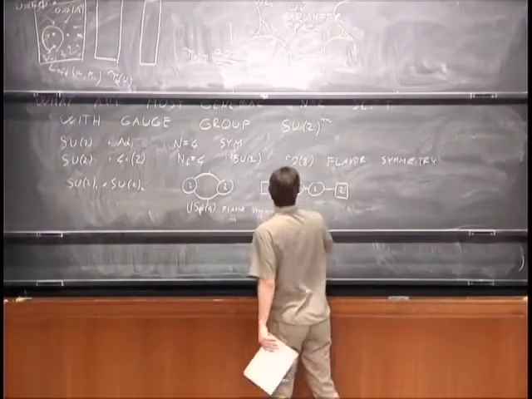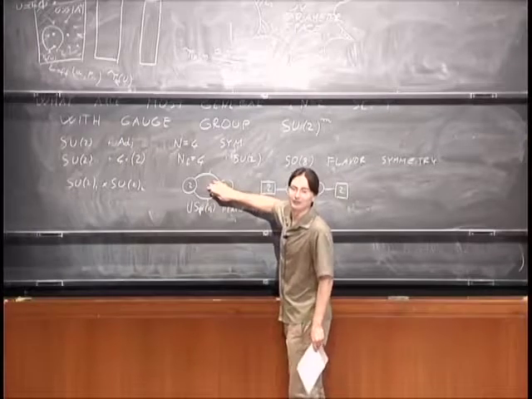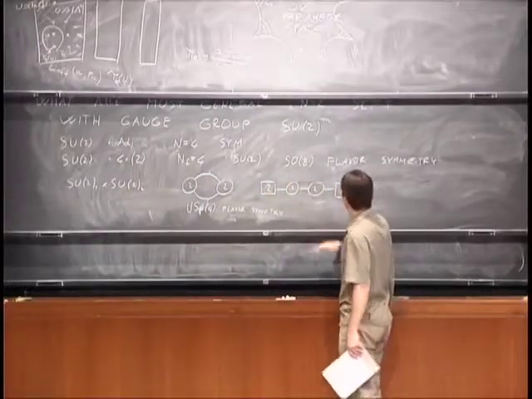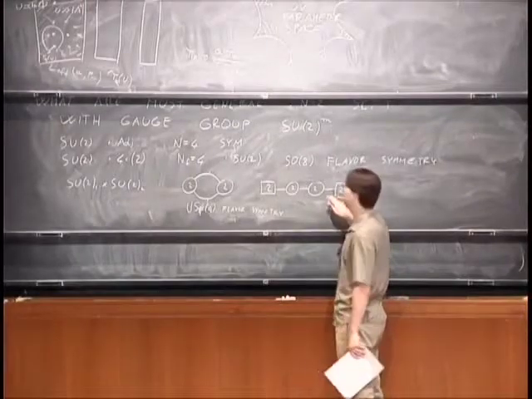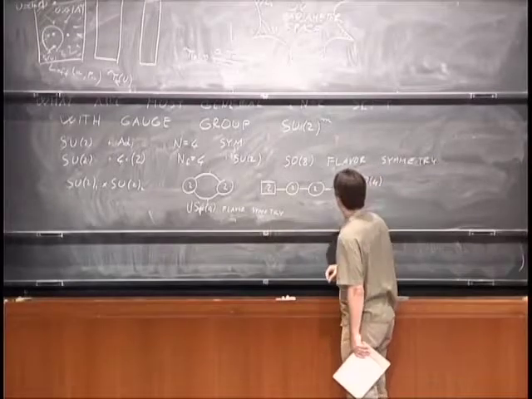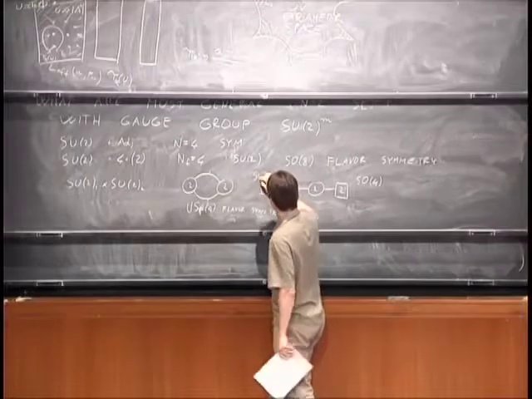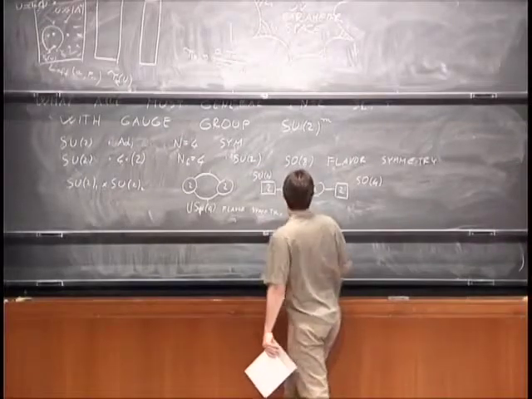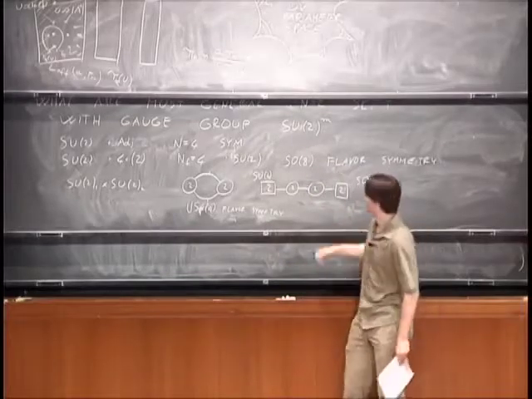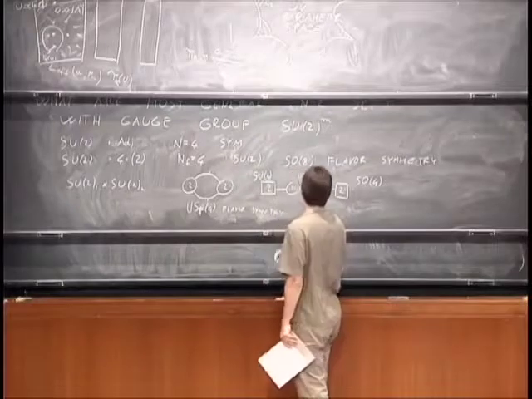Here, this was a very exceptional case because I had 2 copies of a bifundamental. Here is a more typical case. I have 2 flavors here that gives me an SO(4). And here I have another SO(4). And finally, the bifundamental field, because it's real, has a USp(2) flavor symmetry.